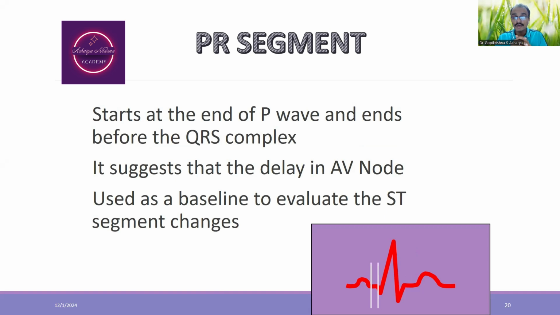This is considered to be the PR segment, which starts at the end of the P wave till the beginning of the QRS complex. It suggests the delay in the atrioventricular node. This is used as a baseline to evaluate ST segment changes.